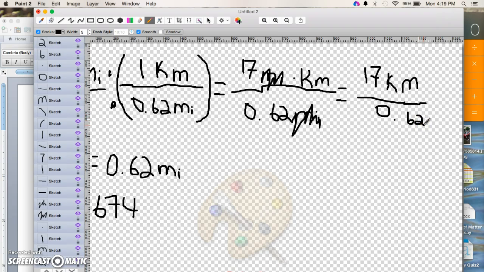And we know that 17 divided by 0.62, we go over here to our handy-dandy calculator.